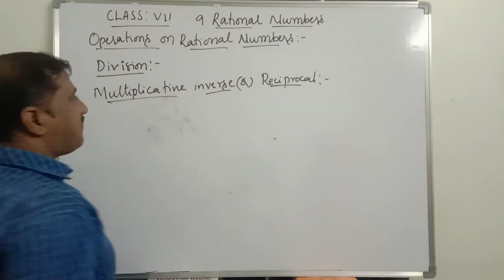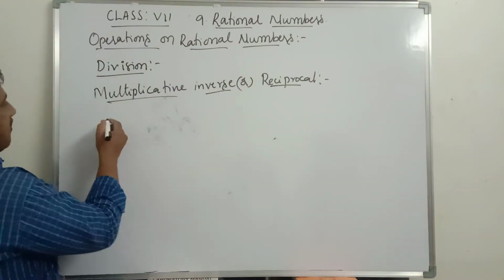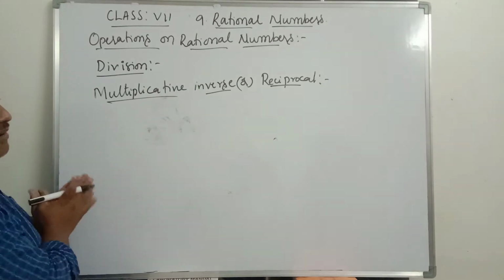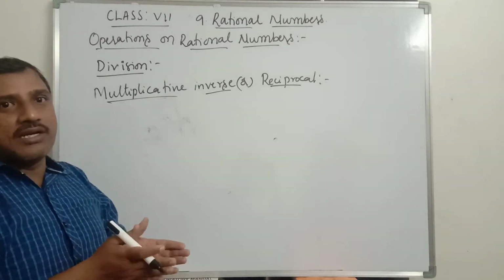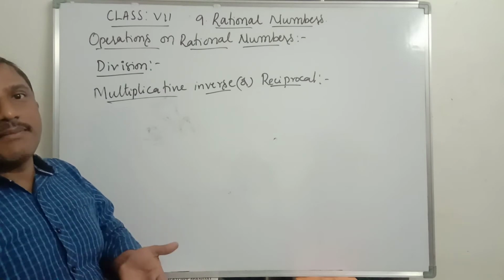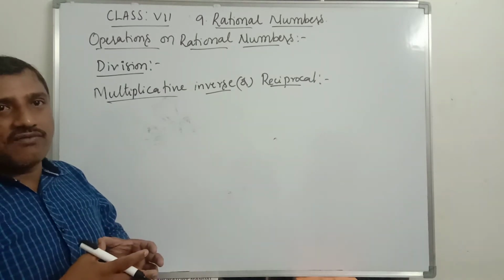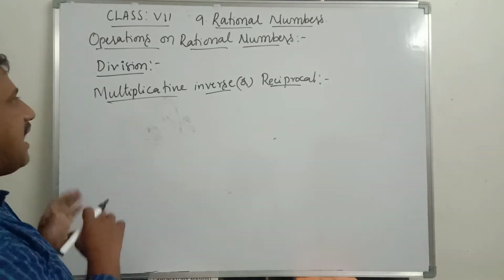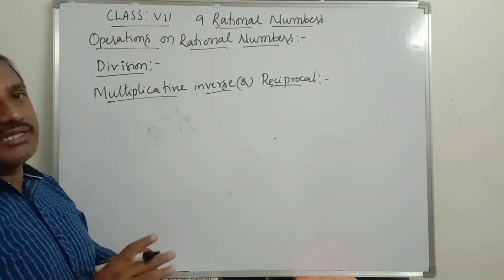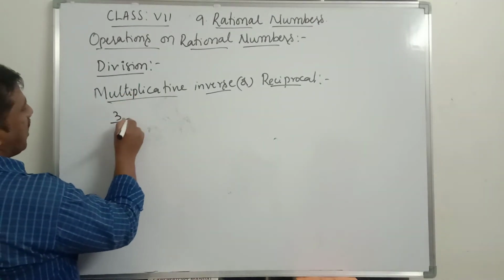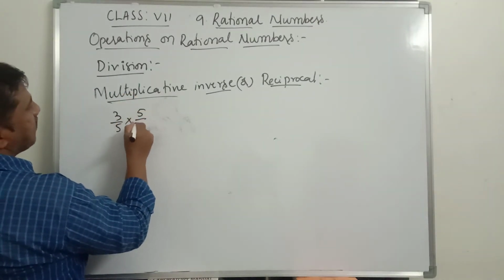We studied this for fractions. What is multiplicative inverse? The product of two numbers should be 1. If the product of any two fractions is equal to 1, then each fraction is the multiplicative inverse of the other fraction. That is 3 by 5 into 5 by 3.